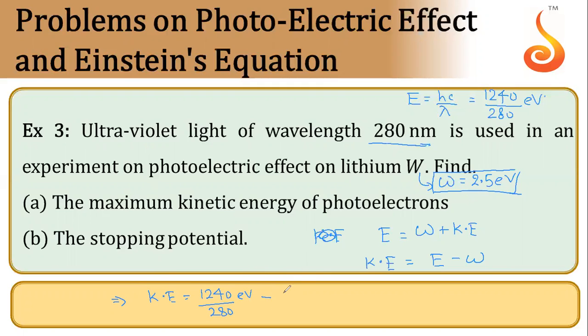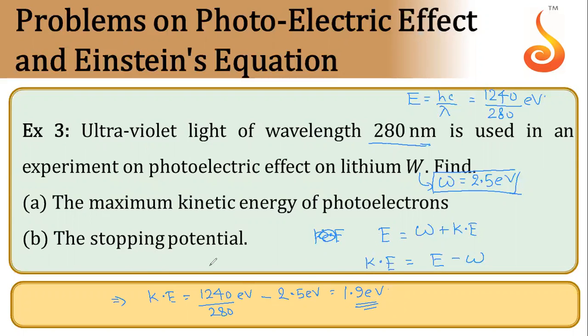Work function is 2.5 electron volt. So just solve this equation, 1240 divided by 280 minus 2.5. So you will get the answer as 1.9 electron volt.